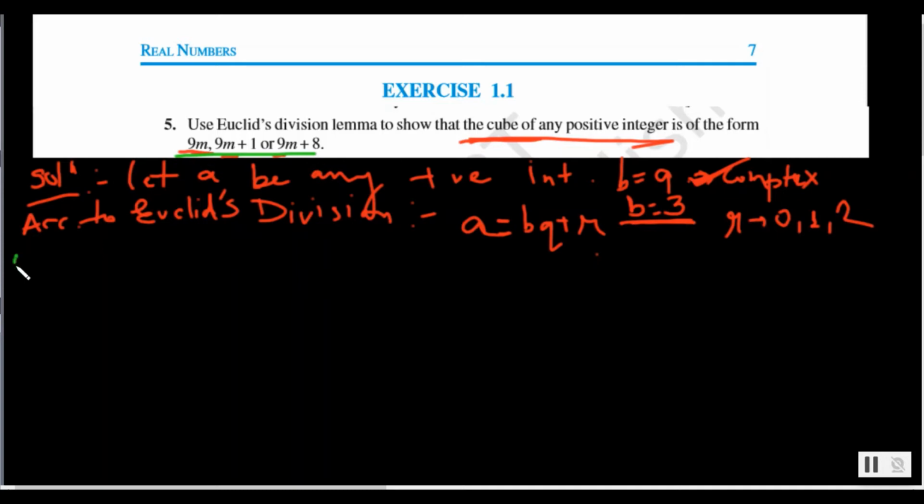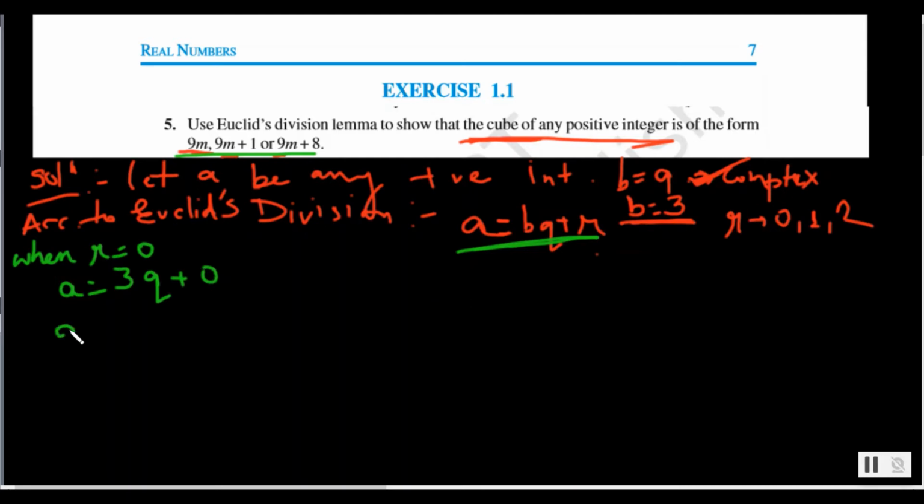When r equals 0, we will substitute the value in this given equation. So a equals 3q plus 0.